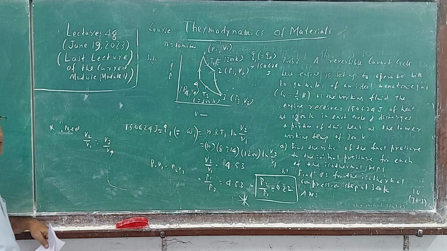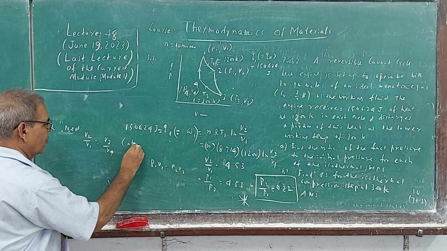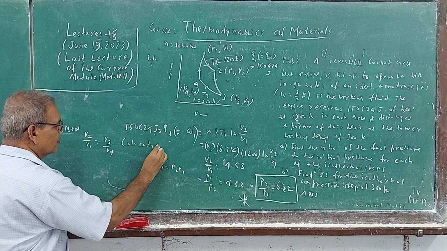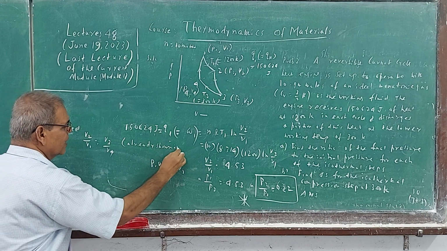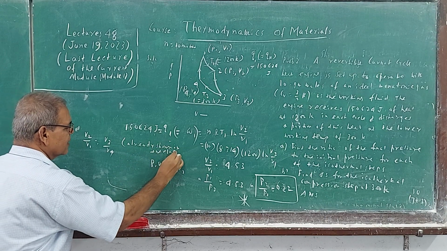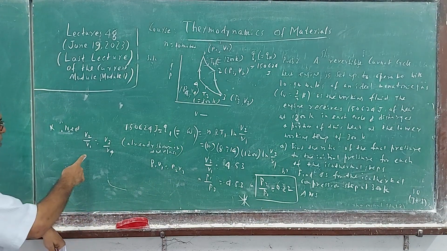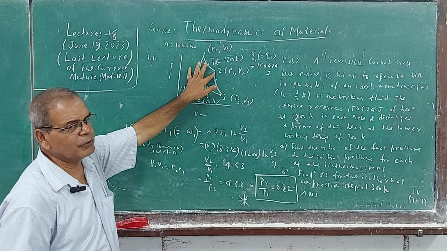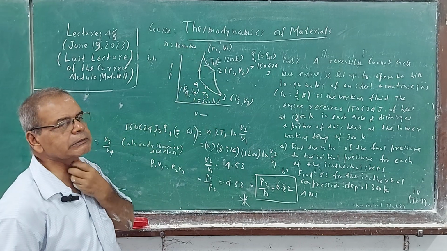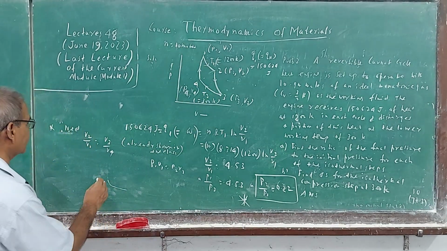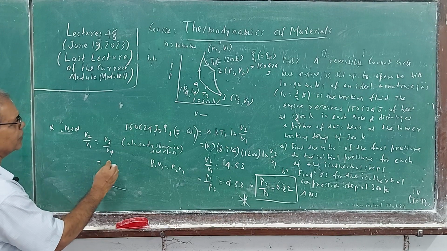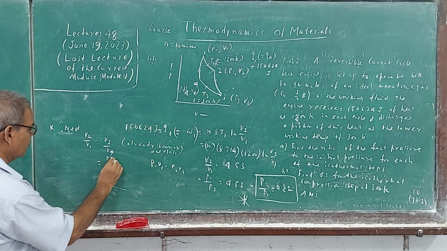This is already shown in the class, on the first day of the Carnot cycle. V2 by V1 is V3 by V4. V3 by V4 is what? P4 by P3.